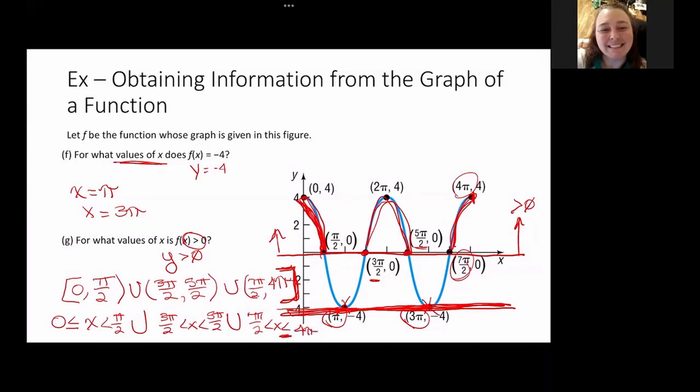So we were able to get a whole lot of information out of just reading the one graph. Again, take it in baby steps, go chunk by chunk, and don't freak out on me. As always, if you have any questions, ask one of your professors, and I'll see you next time.